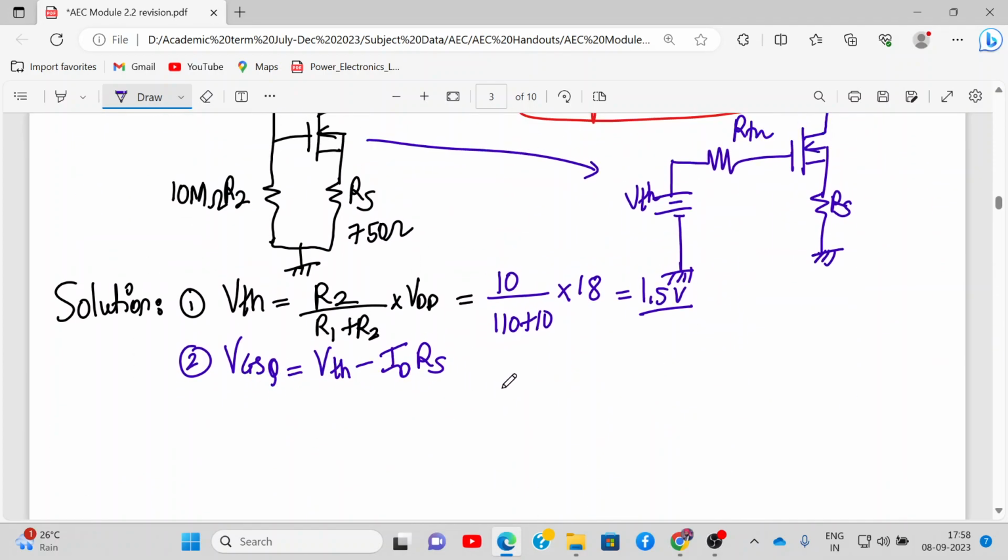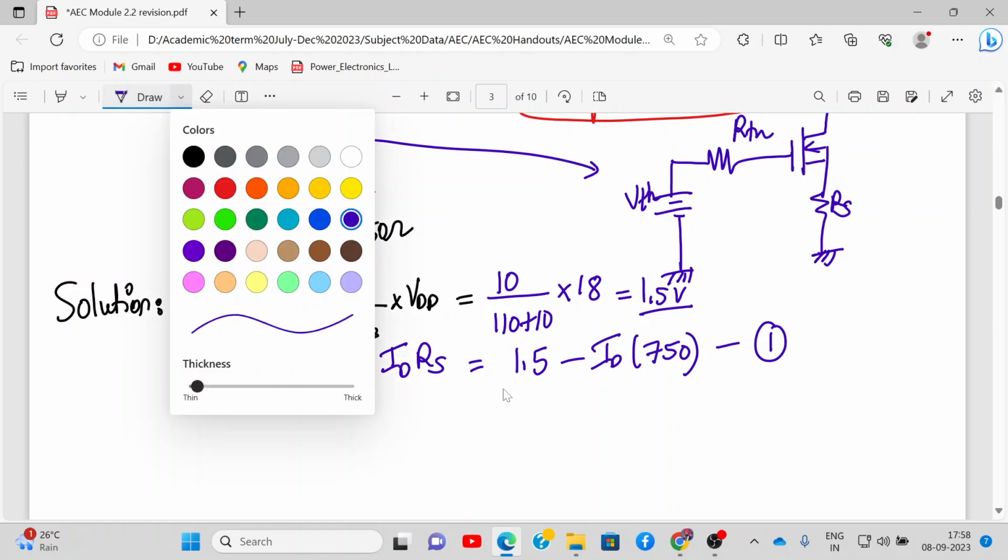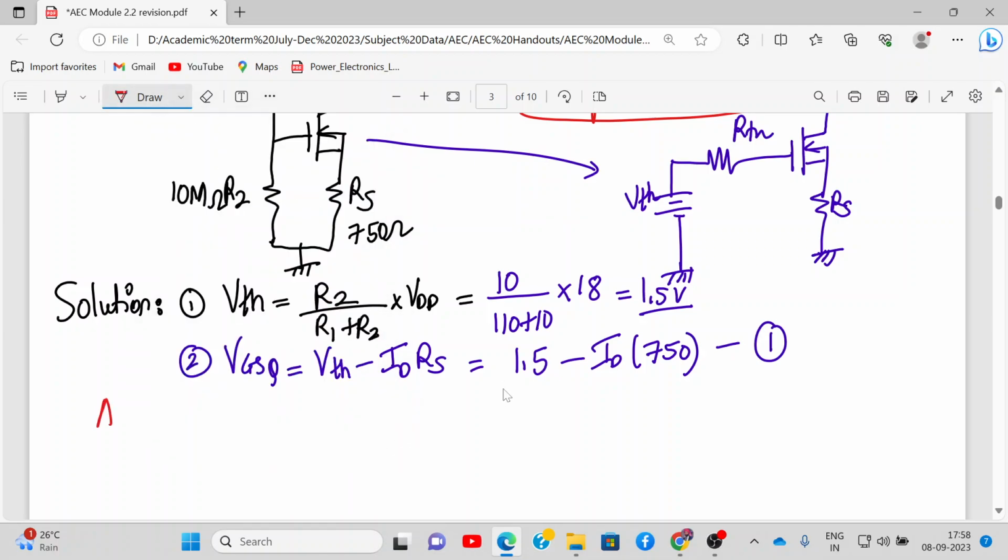VGSQ is VTH minus ID RS. How much is VTH? 1.5. How much is RS? 750 it is. So this we call equation number 1. Then we say, assuming the given device is in saturation region.